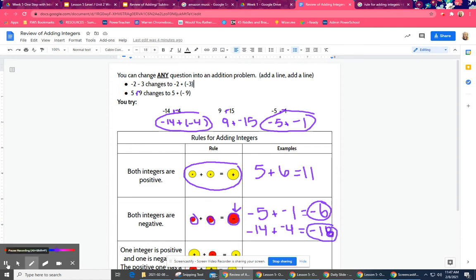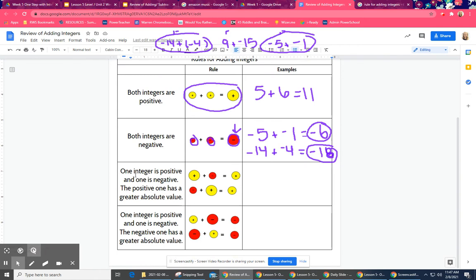All right. This one says one integer is positive and one is negative. The positive has a greater absolute value. So here's your examples. You've got two separate numbers you're adding. One is positive, one is negative. If the positive number is bigger in absolute value, then your answer will be positive.